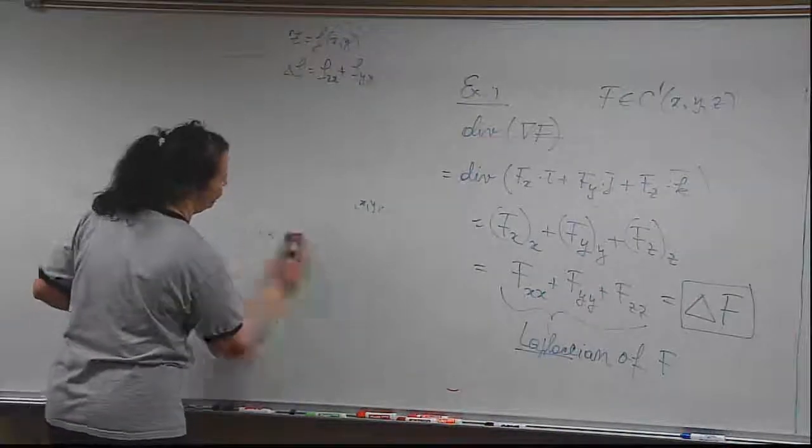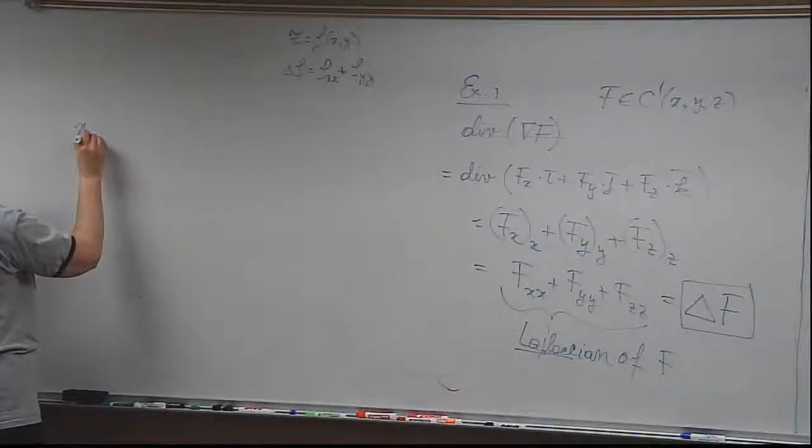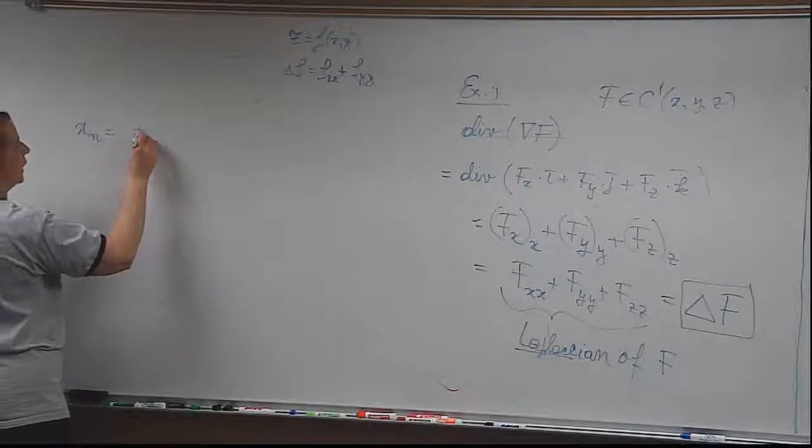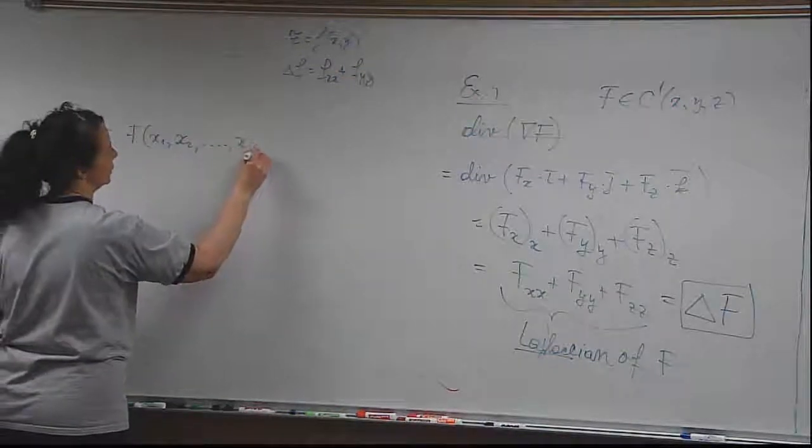Let's say I have a differentiable function of n variables with continuous derivatives, and it looks like that: x1, x2, up to xn minus 1.